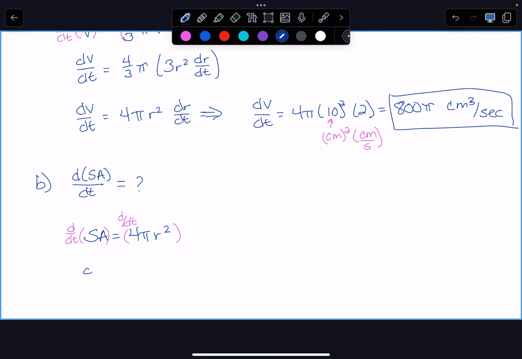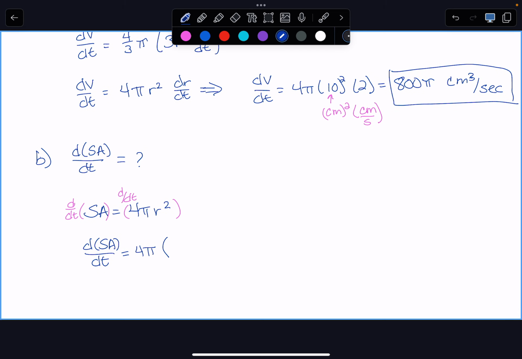So I'm going to get d of my surface area/dt is equal to, again, 4 pi is just constants. What's going to happen to my r squared term? Good, 2r dr/dt. And that's going to be equal to 8 pi r dr/dt then, right?